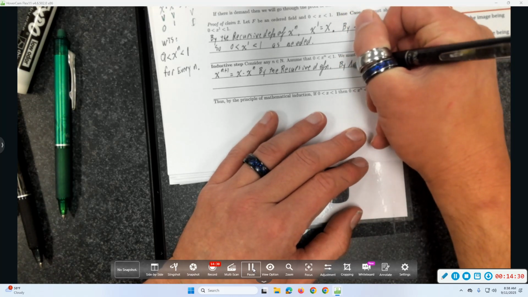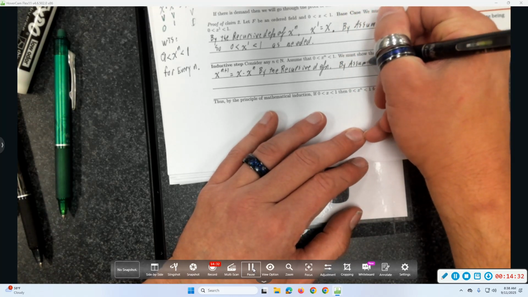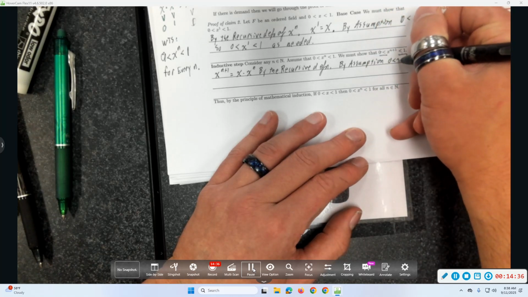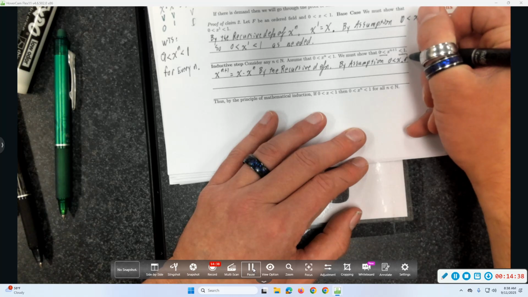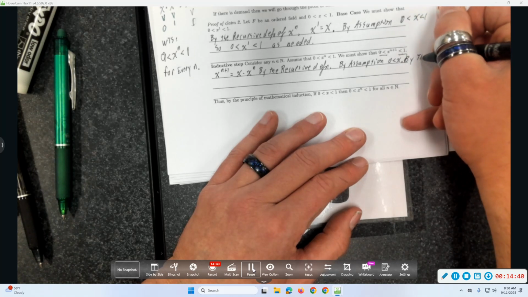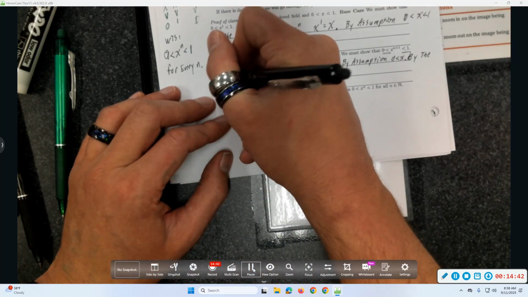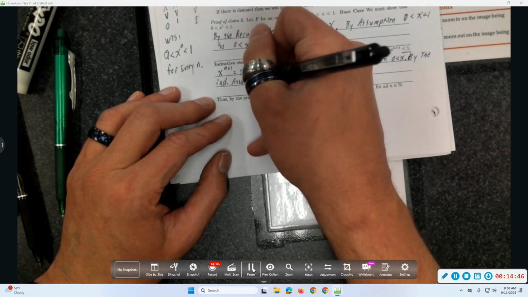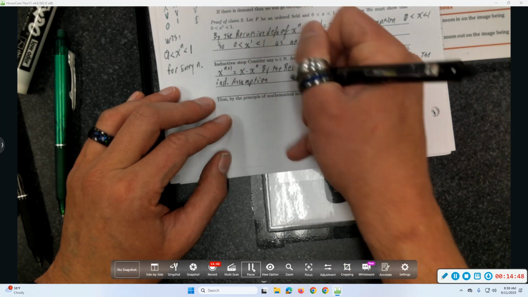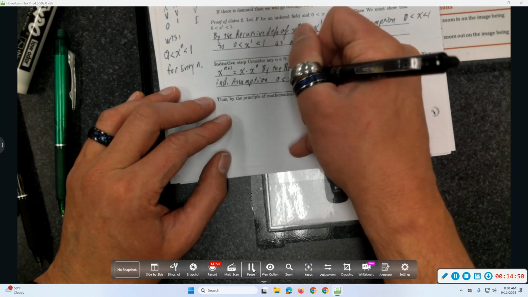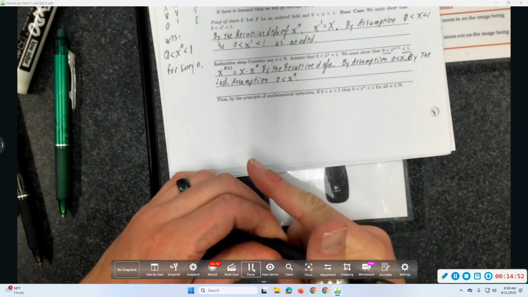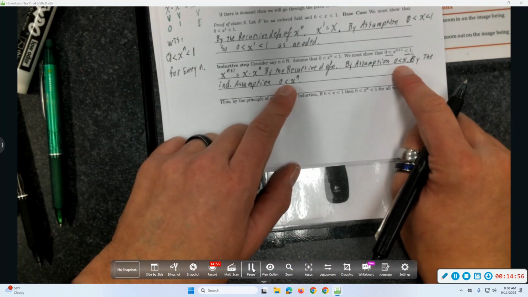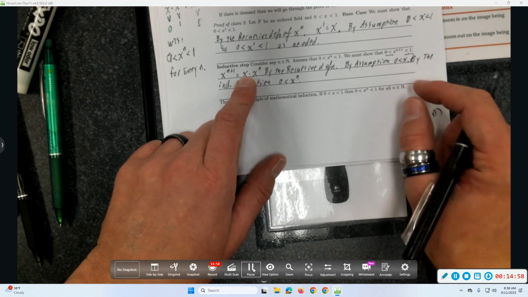By assumption, 0 is less than x. By the inductive assumption, 0 is less than x to the n. And now let's see. So that says that x is positive and x to the n is positive. I need x times x to the n is positive.